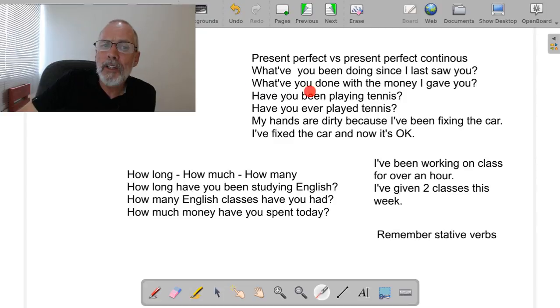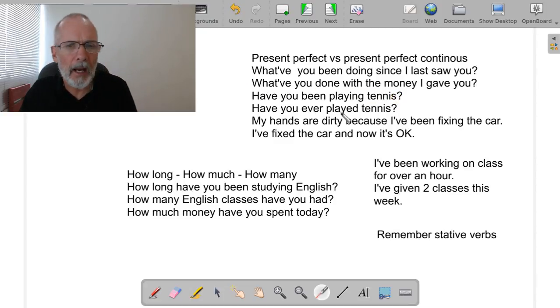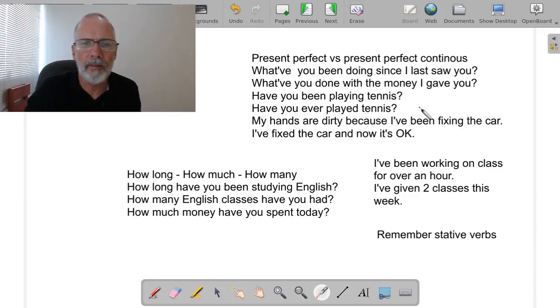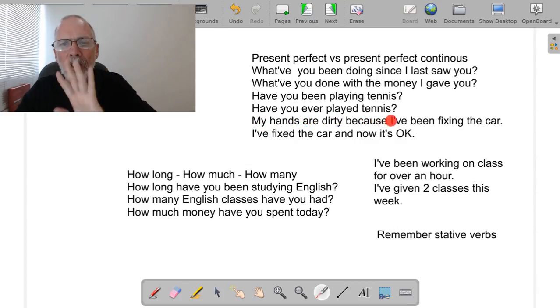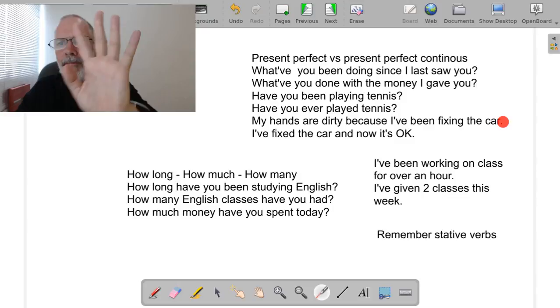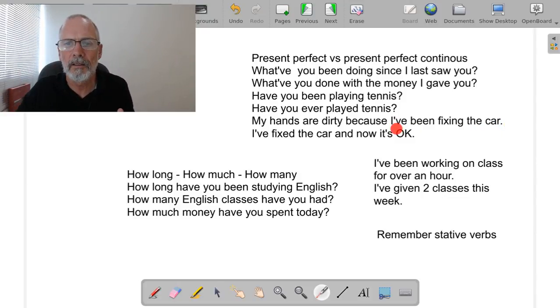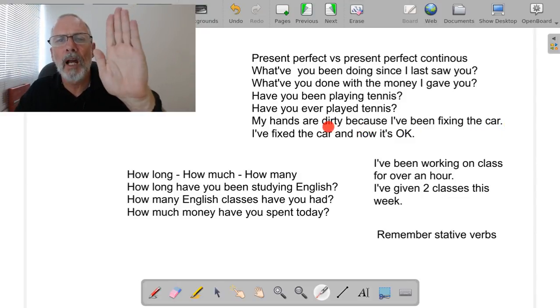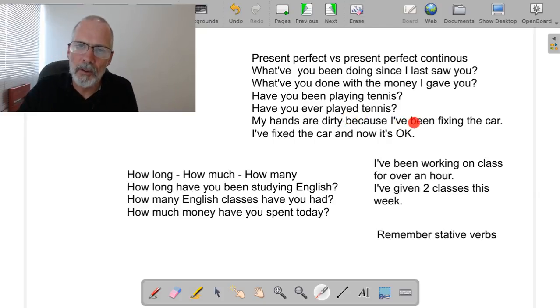So have you been playing tennis? Asking you about an activity. Have you ever played tennis? Asking if you've done this thing in your life. Another example, my hands are dirty because I've been fixing the car. The reason my hands are dirty is because I performed this activity.